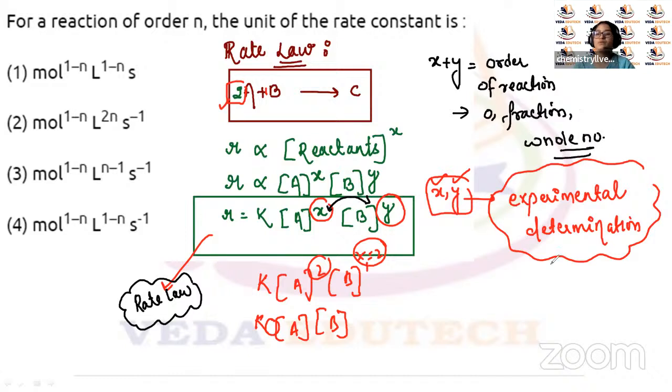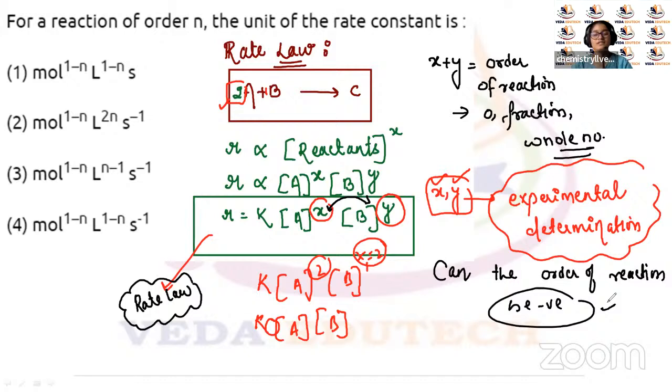Now your question is, can the order of reaction be negative? You have to answer me in the comment section. So this is the basics of rate law and order. The order of reaction can be all of this.